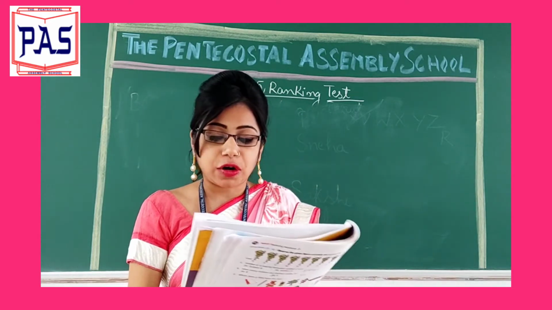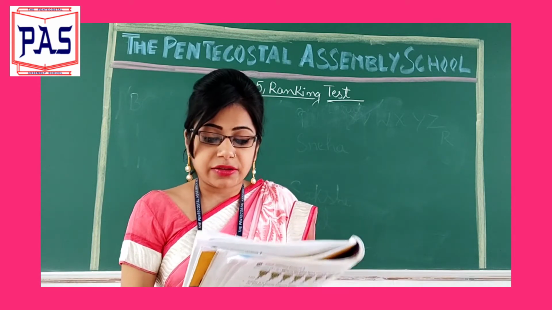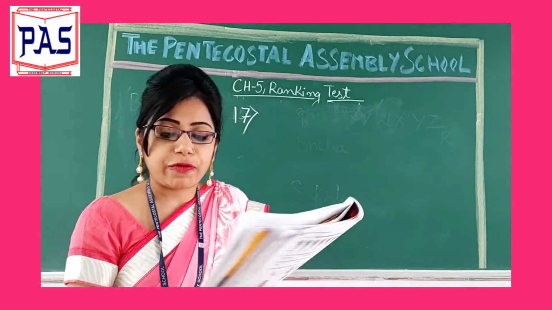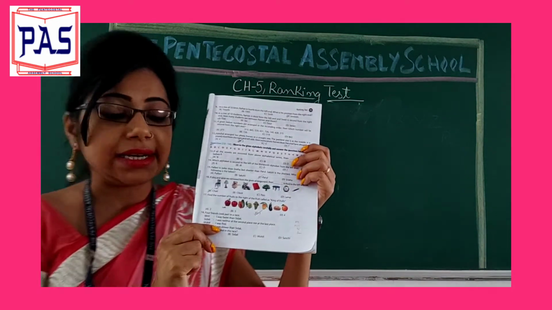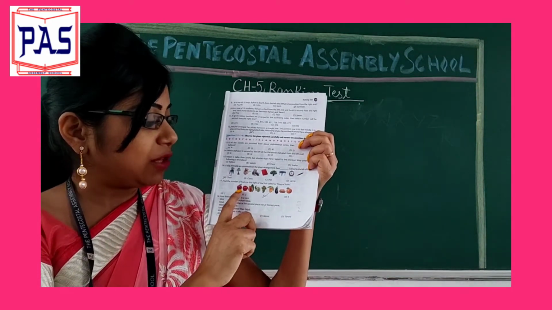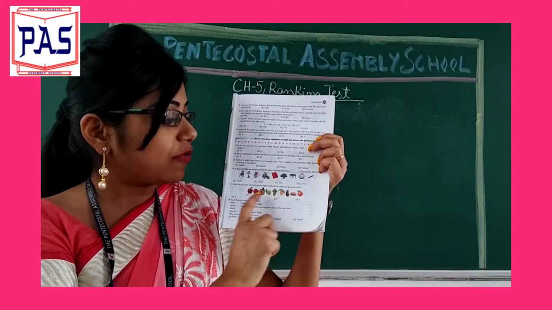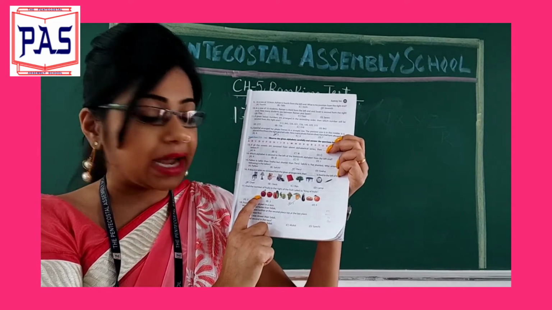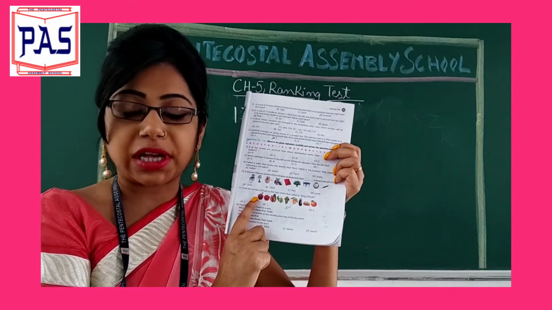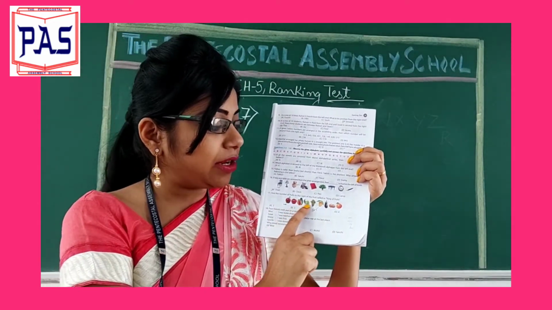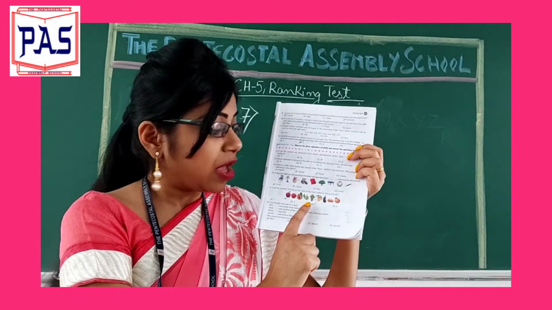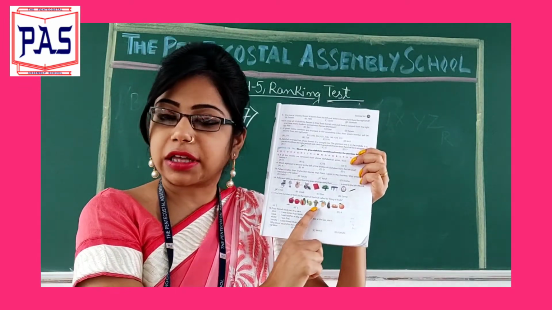Find the number of fruits to the right of the fruit called the king of fruits. Here you can see there is a series in the row. There are some fruits and vegetables given in this row. Which fruit is called the king of fruits, children?